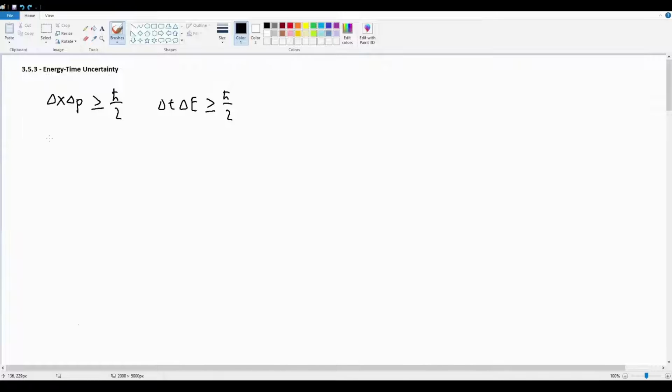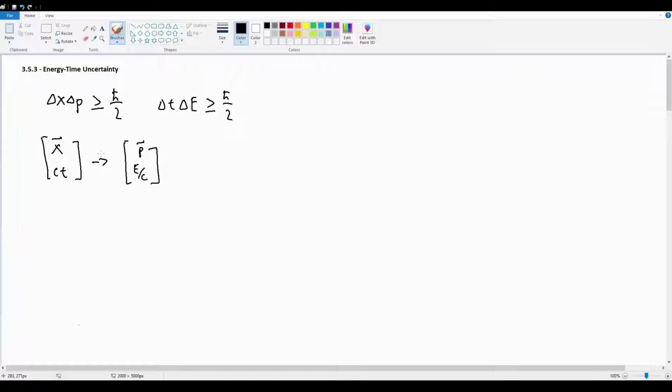In special relativity, you learned about the 4-vector, and what you found was that there was a 4-vector where the first 3 terms were x positions, so x, y, and z, and then the final term was ct. And what you learned was that this could be directly related to another 4-vector in terms of momentum and energy divided by c.